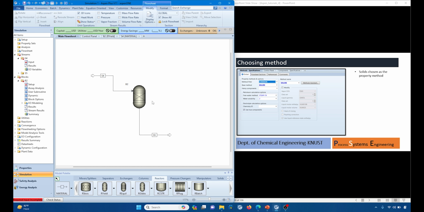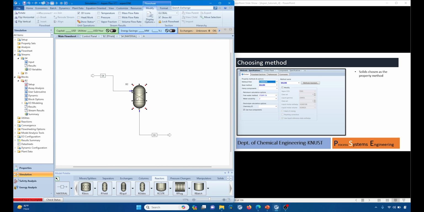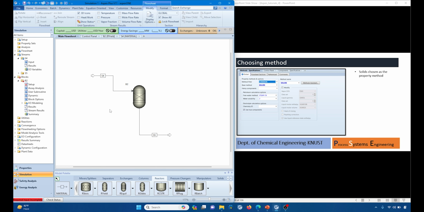Say for a case where I connected some streams and provided some specification for what it should be, when I come back here, I'm able to choose the component, maybe my product, the basis, and then the yield. And after supplying this, it calculates the other compositions.